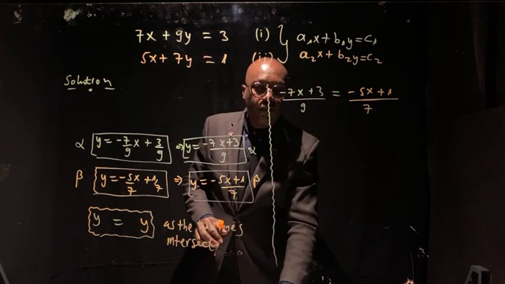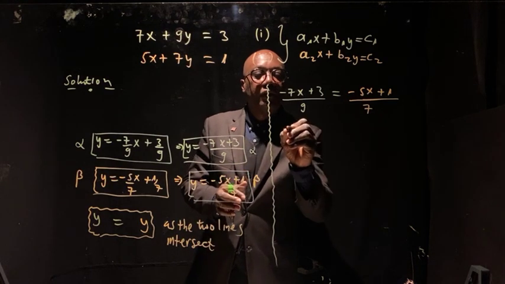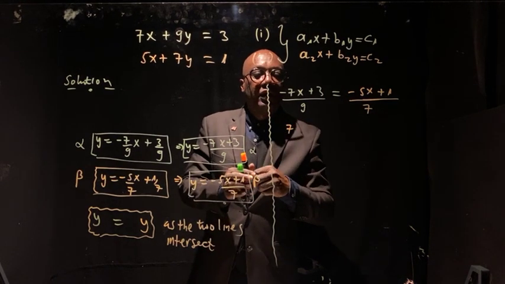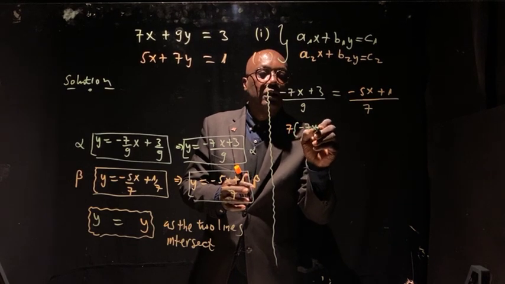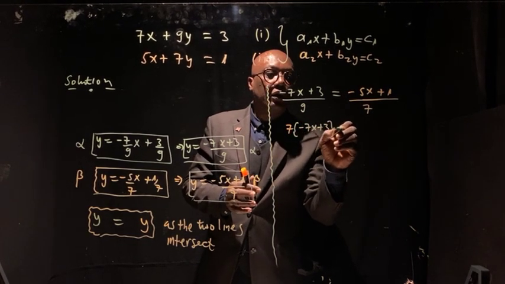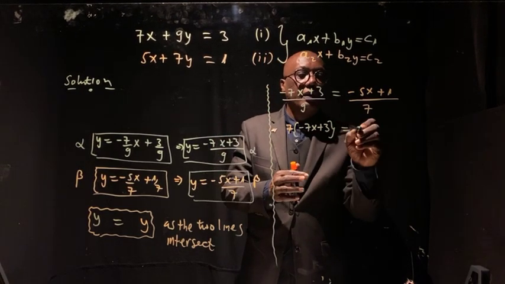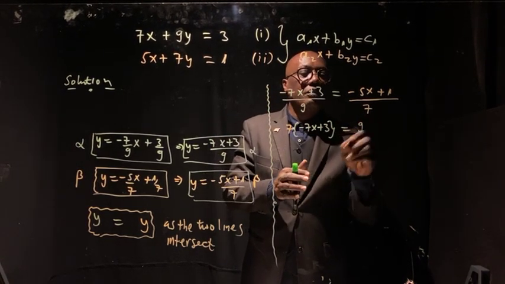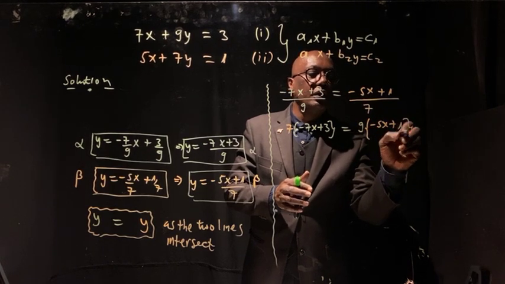So you have 7 being multiplied to minus 7x plus 3 equal 9 being multiplied to minus 5x plus 1.